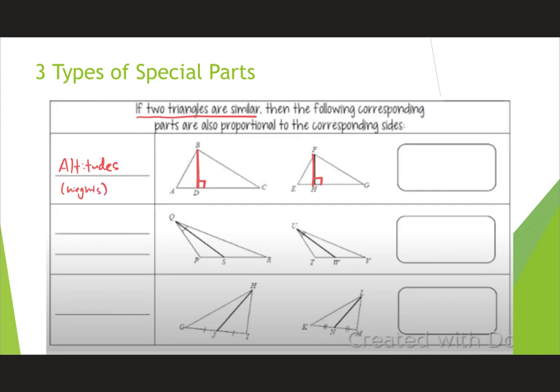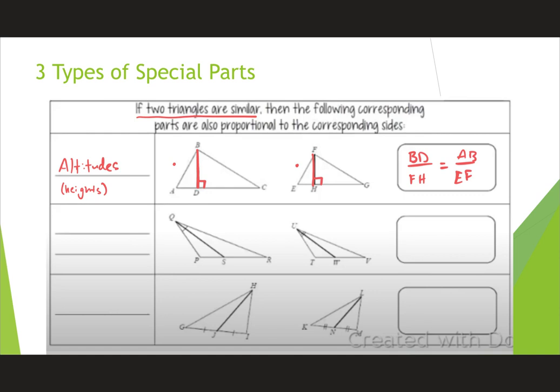So when you have altitudes within similar triangles, what this means is that the ratio of the altitudes is proportionate to the ratio of corresponding sides. Now we could pick any. I'm going to go with these two sides for no other reason than they're right there. And there you have it. So altitudes are proportionate to corresponding sides in similar triangles.